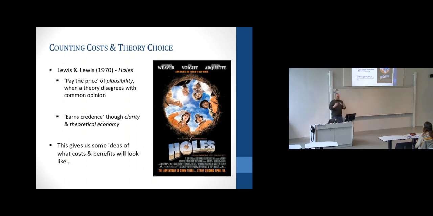But a theory earns credence. It gives you a benefit through clarity and theoretical economy. What the hell do those mean? We're going to talk about in a second. But this gives us an idea of what we look for as costs and benefits.